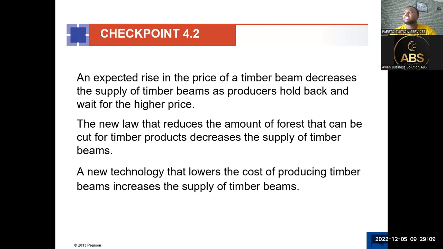Remember, technology determines our level of productivity. So if there's a new technology that's going to lower the cost, it means we are becoming more productive, which means we can now produce more. So that should increase the supply of timber beams. Is that okay? Yes.